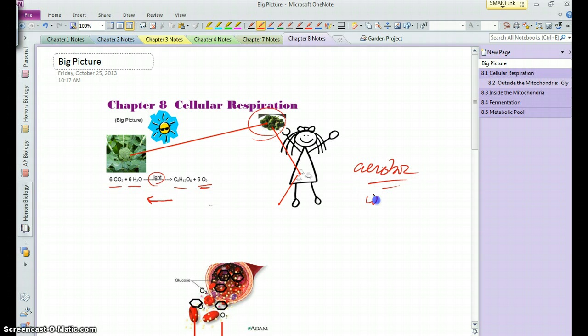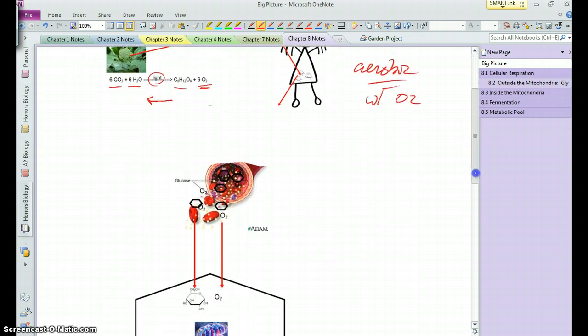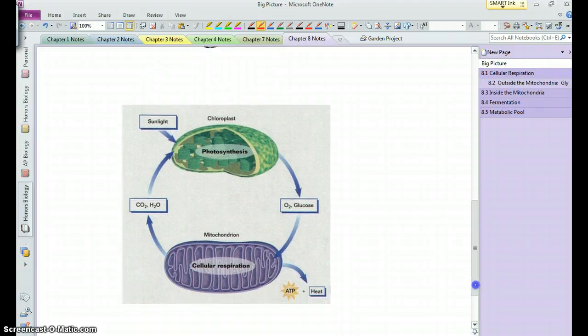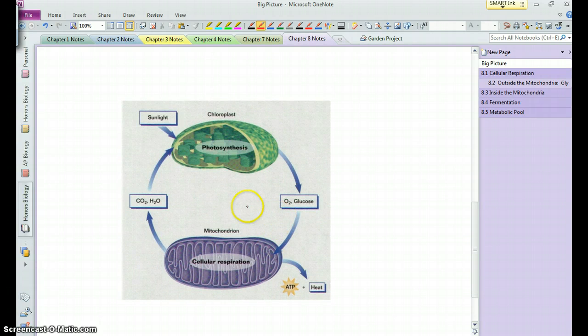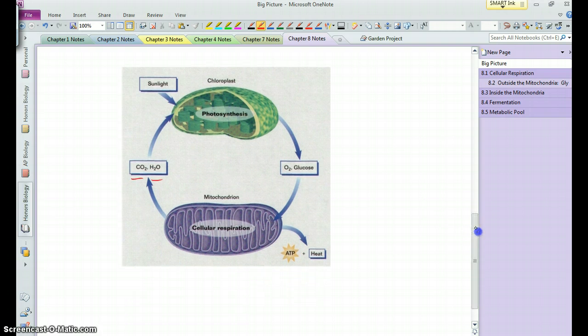That is, we do our respiration with oxygen. And so in the process of breaking those foods down, we create CO2 and water, which are the raw materials of photosynthesis.